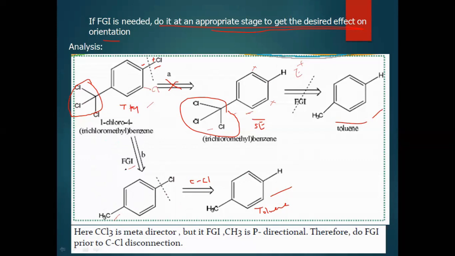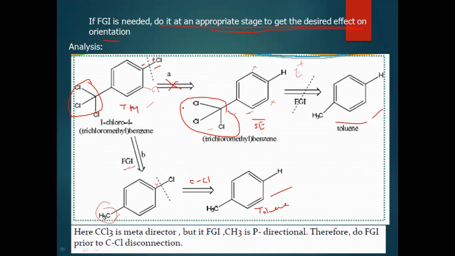So you need to introduce the FGI step as and when required, because the next step of the reaction is C-Cl formation, and it should be at the para position to the substituent which is already present. In this case, you need to introduce the FGI step prior to the C-Cl formation.